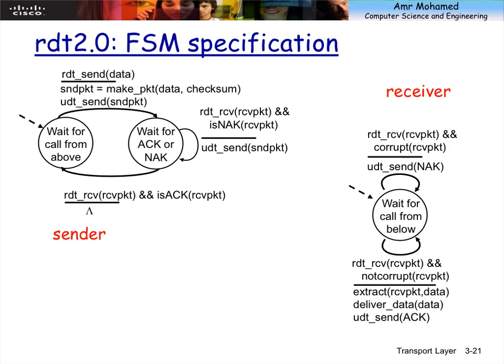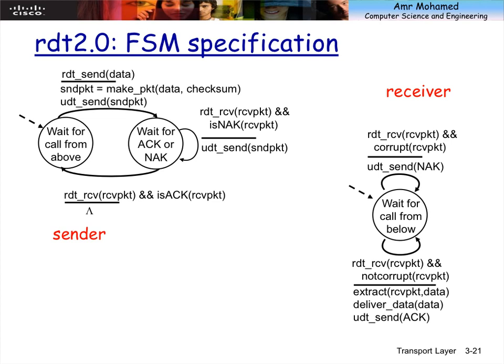So here I have two states. Okay? When I start with this initial state, and the initial state is marked by this dotted arrow usually. And sometimes we use this arrow to do some initialization, as we will see later. Okay? Just to mark that this is the initial state of the system. So when I start, I will wait for a call from above.